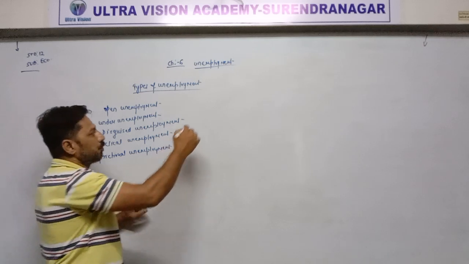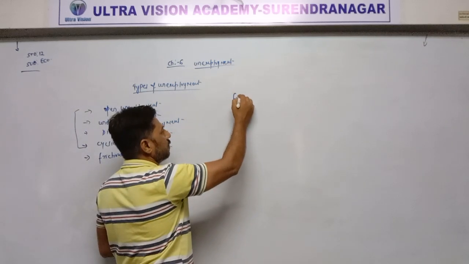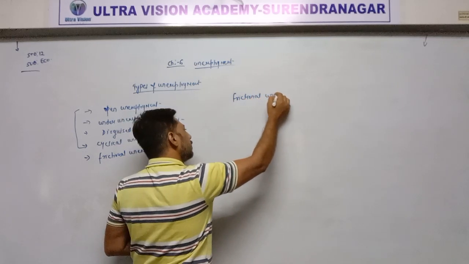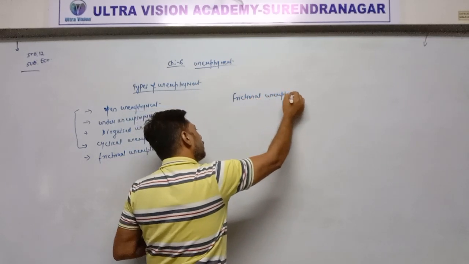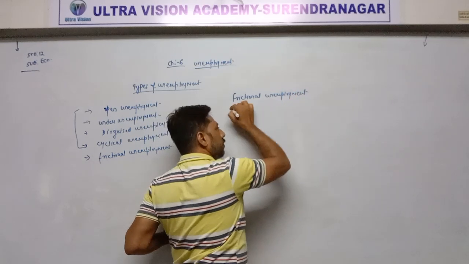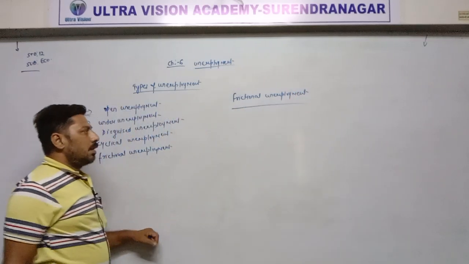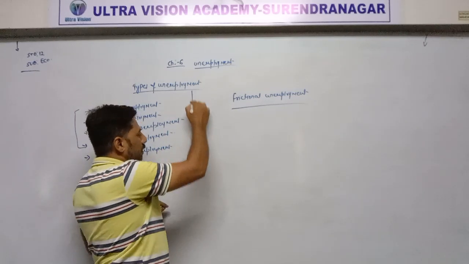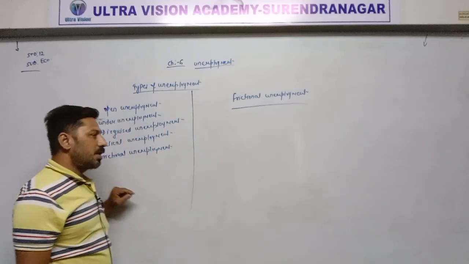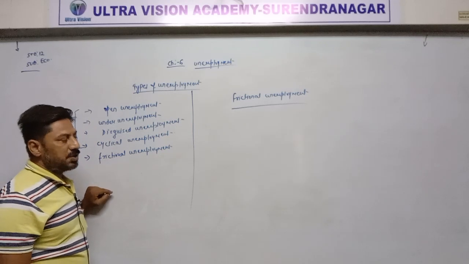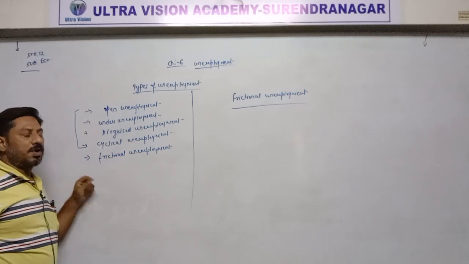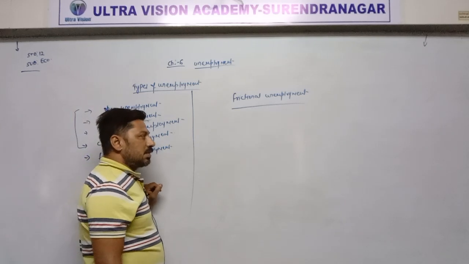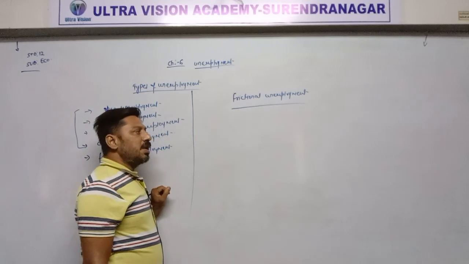Now frictional unemployment. What is frictional unemployment? Now under frictional unemployment, whenever technology changes, there are various sectors in which technology changes very frequently. For example, automobiles, for example, electronic fields. In such fields, technology changes very frequently.